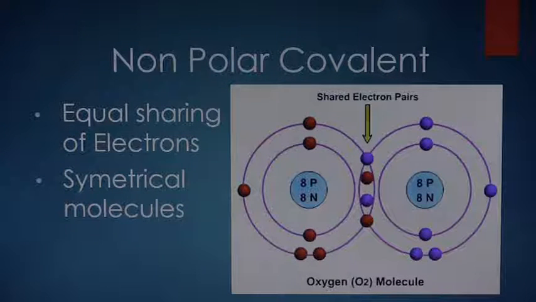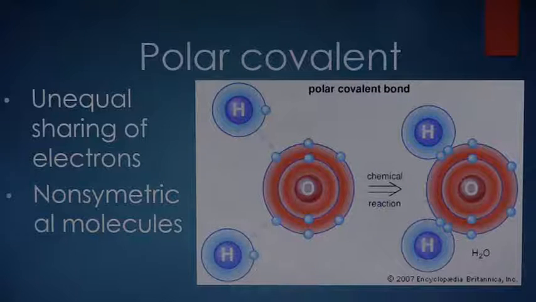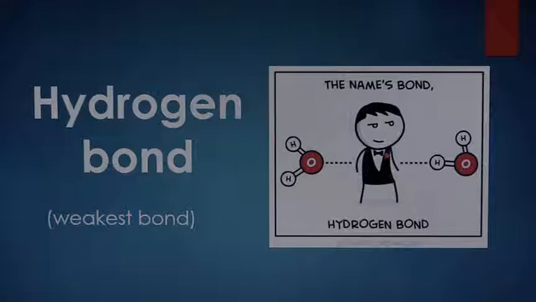Nonpolar covalent bonds involve equal sharing of electrons and form symmetrical molecules. Polar covalent bonds involve unequal sharing of electrons and form non-symmetrical molecules. Hydrogen bonds are actually between molecules, not atoms, and are the weakest of the chemical bonds. It's a bridge between hydrogen atoms that are already covalently bonded with a previous compound.